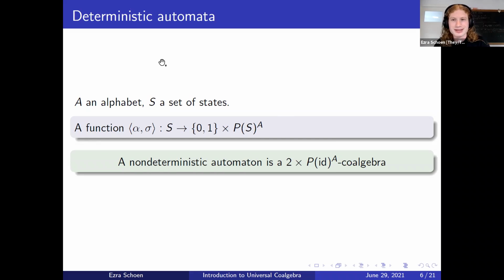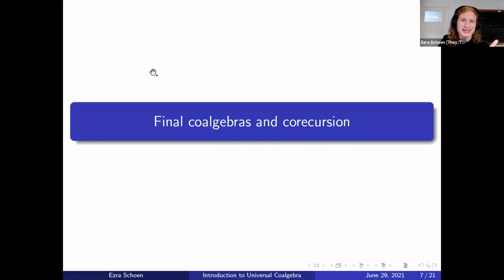But just calling them coalgebras, I mean, I've rewritten some of the data to a particular form, but what have we gained by doing this is, I think, a justified question. So let me just give one nice example of what you can use coalgebras for, and what this coalgebraic perspective gives you.